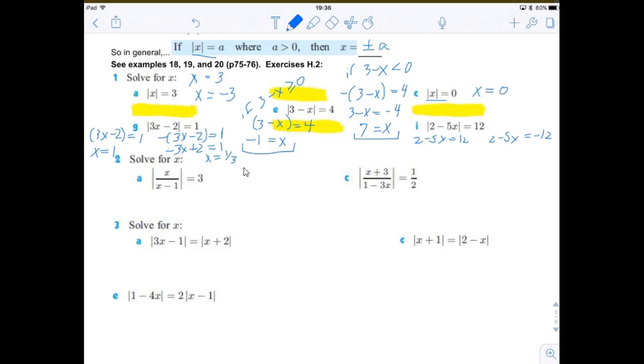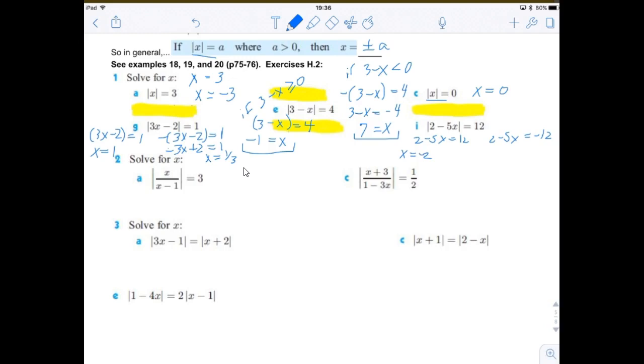So let's do the algebra here. We'll have 5x equals 2 minus 12, so we'll have 5x equals negative 10. X equals would be 2? Yeah, negative 2.